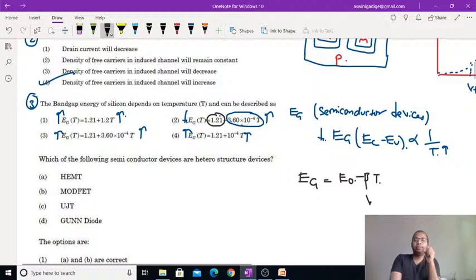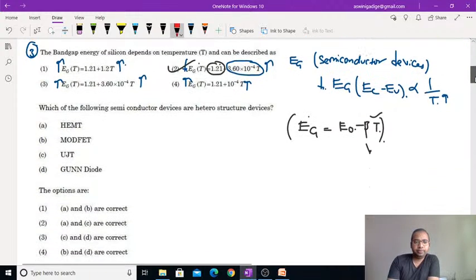For silicon it is 3.60 into 10 power minus 4. For germanium it is 2.44 into 10 power minus 4. So from this expression you can find out the energy band gaps of the semiconductors at any given temperature. So here the correct option is the second one.